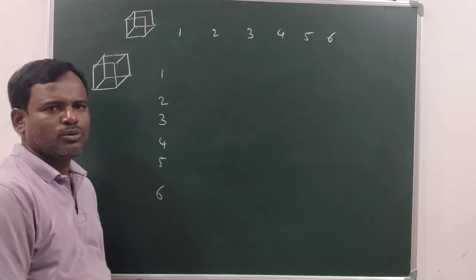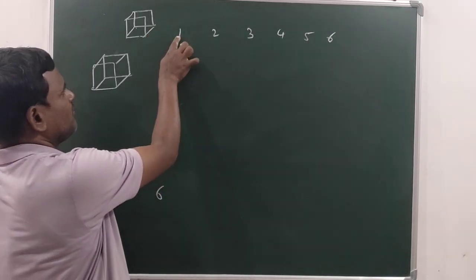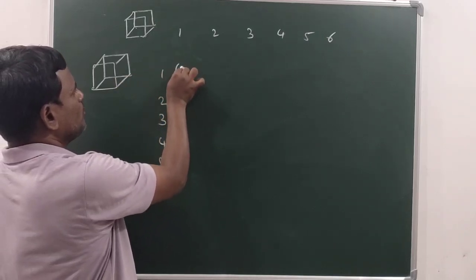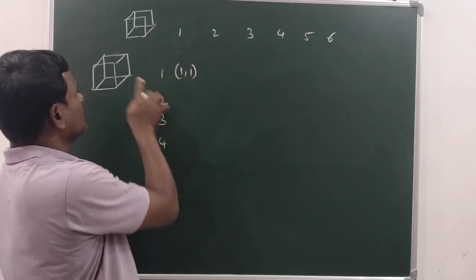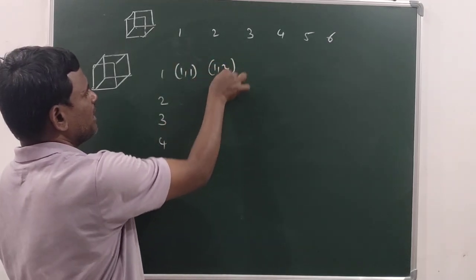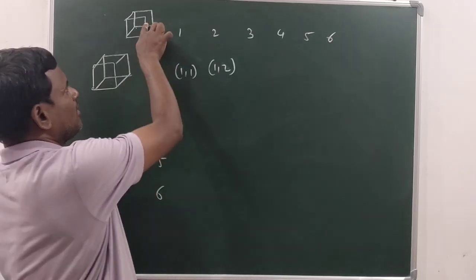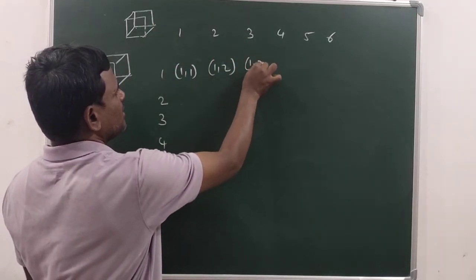So if you throw 2 dice on the floor, on the topmost surface, you may get on this one and in this one, 1, 1. So on the first one, 1 and second one, 2. 1, 2 you may get. Here on this 1 and on this 3. 1, 3.